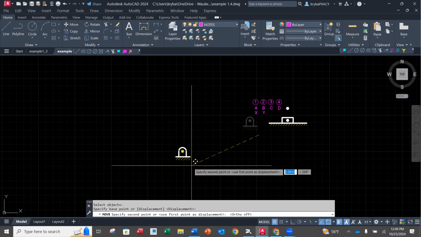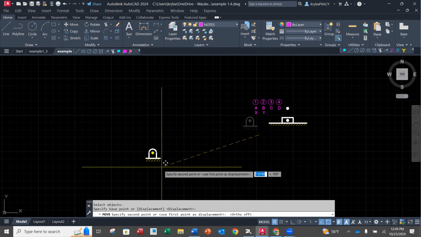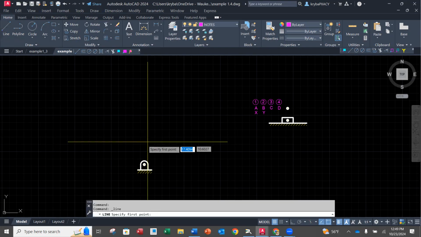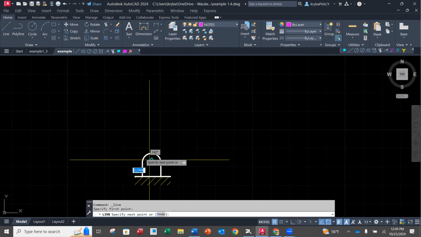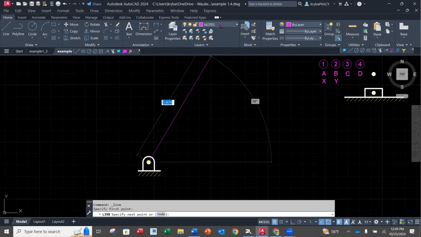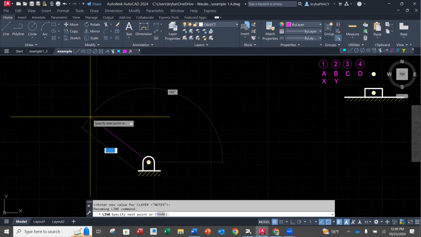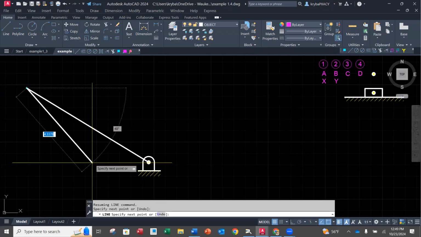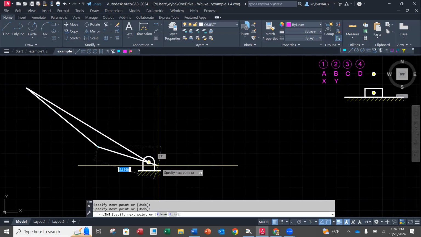And I'm gonna turn off my ortho. I'm gonna bring this down. Okay, so this is going to represent my frame element. Now I'm going to add the center here, my handle. Oops, I gotta change my layer.